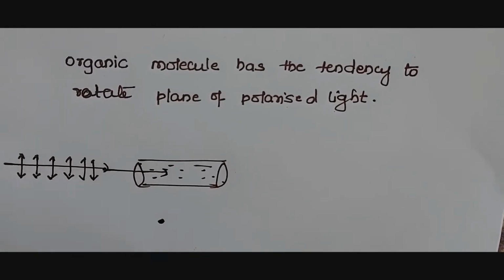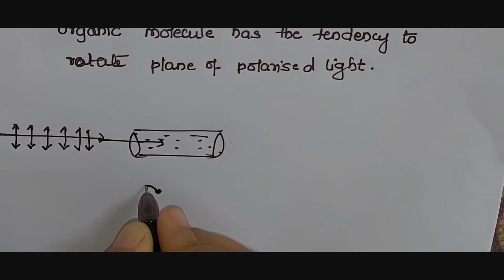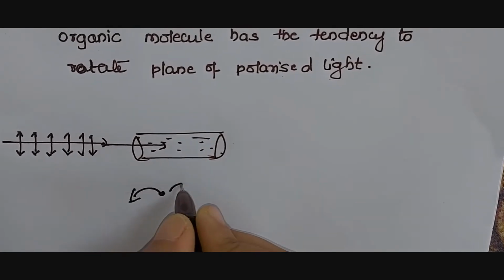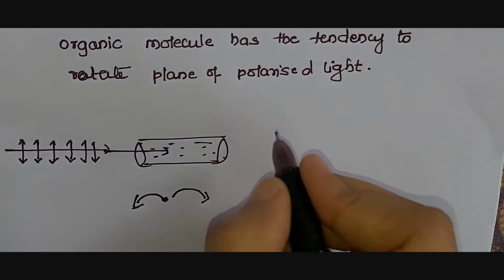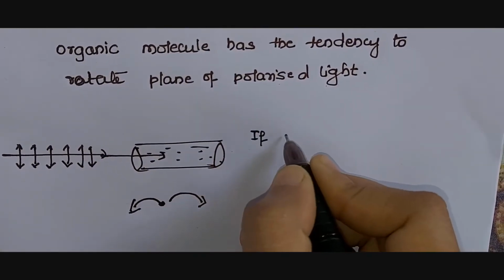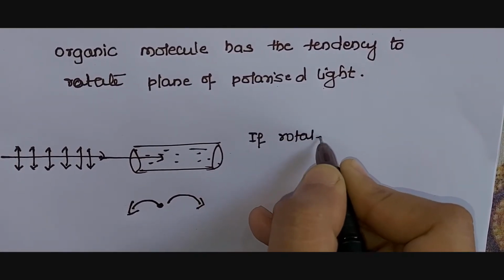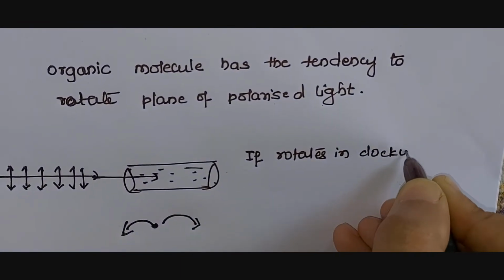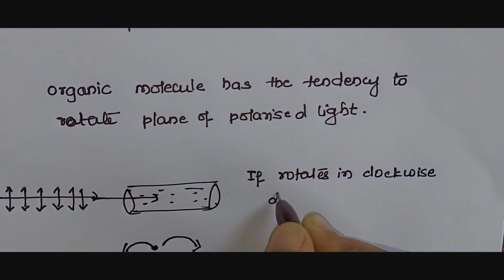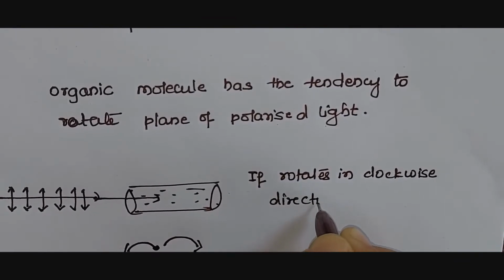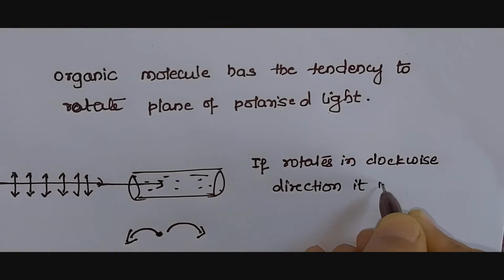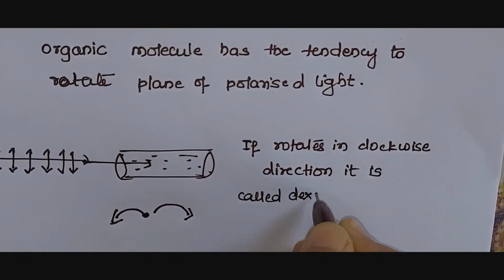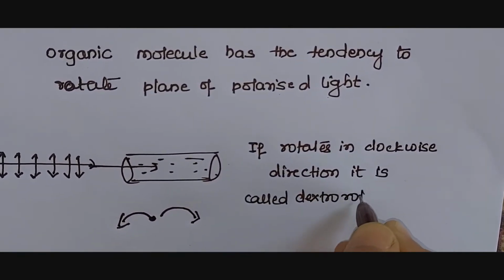The molecules present in the solution can rotate the plane polarized light either in an anti-clockwise direction or in a clockwise direction, and based on this we classify them as dextrorotatory or levorotatory compounds. If it rotates in a clockwise direction, we call it a dextrorotatory compound.